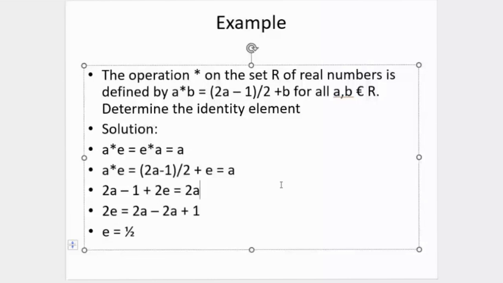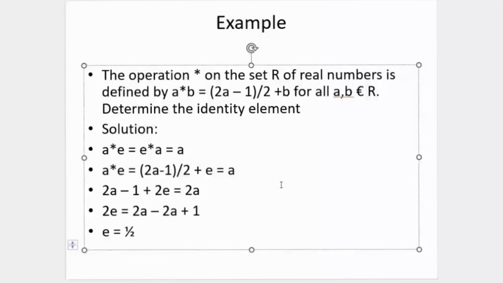Any single number that I pick, upon this operation with the identity element, is going to give me the same element. And that's the property of the identity element: if you perform the operation with the identity element, you're going to get the same number of that set. So we've proven that the identity element for this operation on the set is actually half.